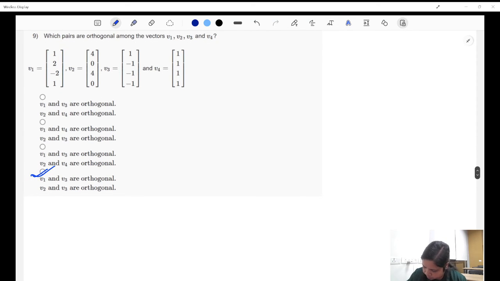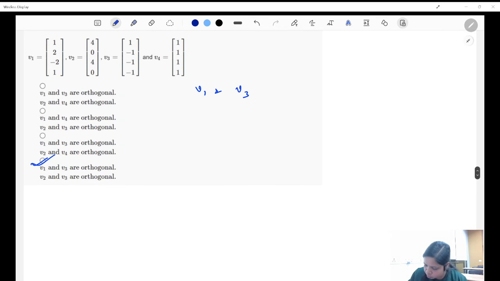Okay, so I'll solve it directly with the answer because I want to clarify why the fourth one is the correct answer. So let's take V1 and V3. What we'll do is find the dot product of both these vectors.